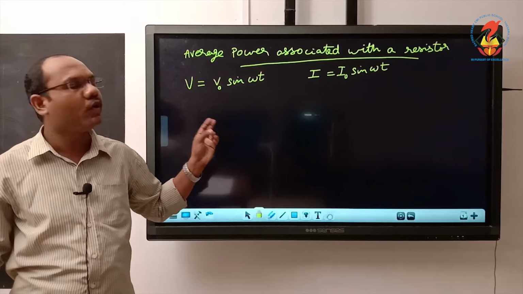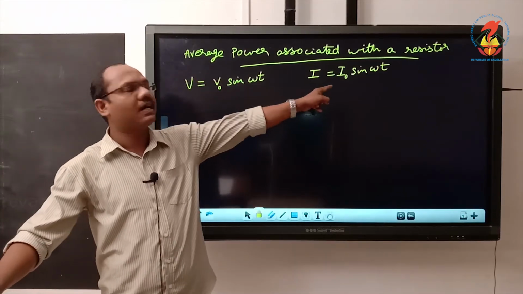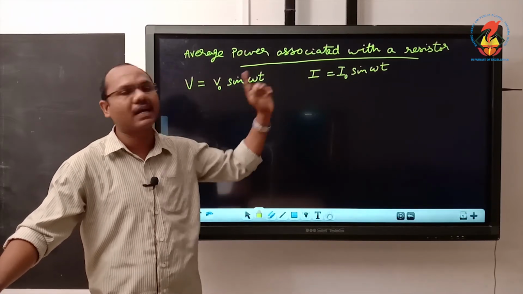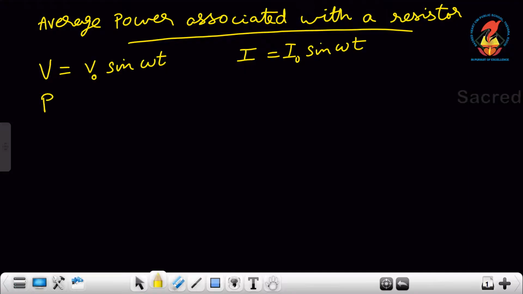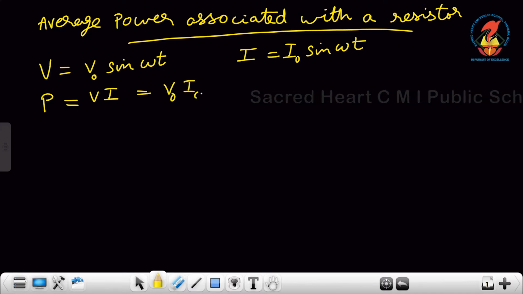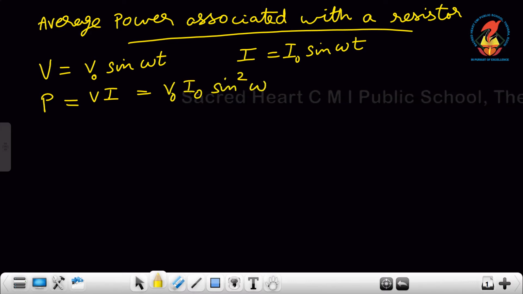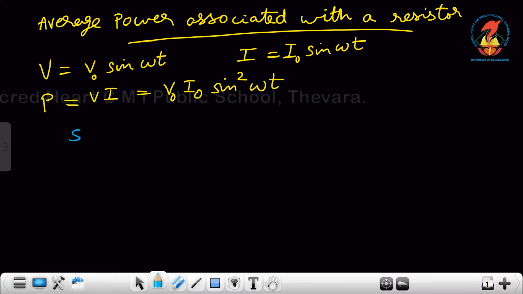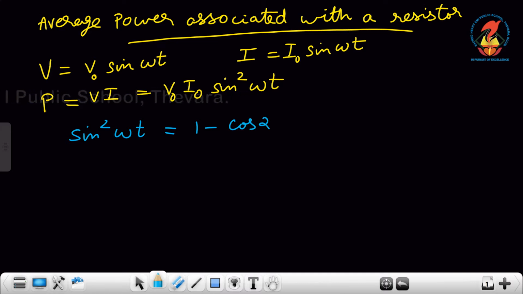For a purely resistive circuit, voltage and current are in the same phase because you can see both of them have the angle omega t itself. So the instantaneous power can be written as P is equal to V into I, so V0 I0 sin square omega t. Sin square omega t can be written as one minus cos 2 omega t whole divided by 2.